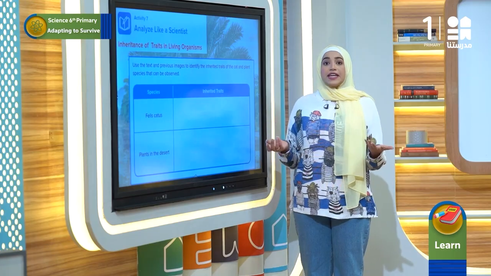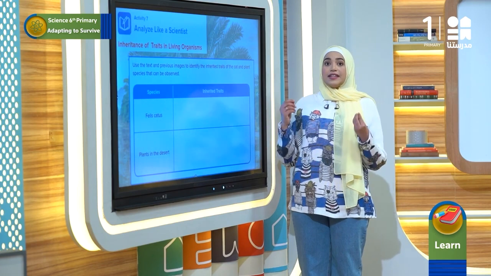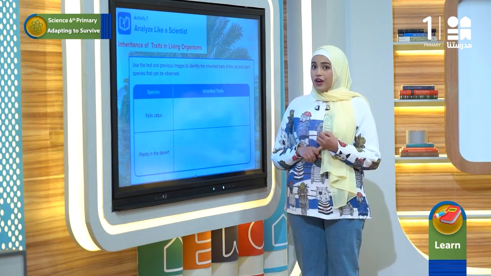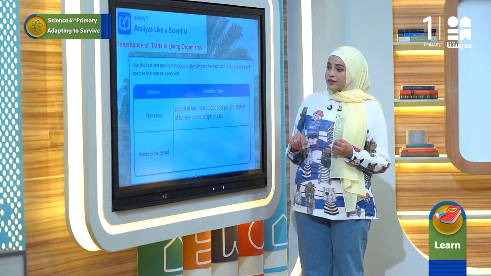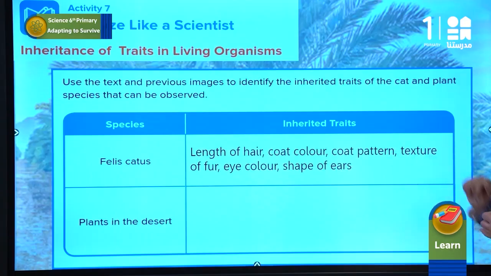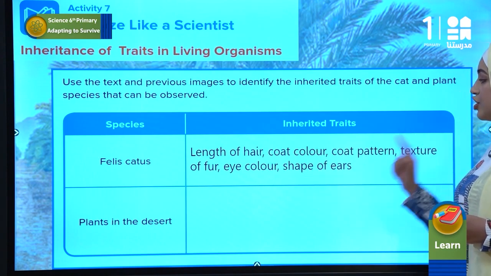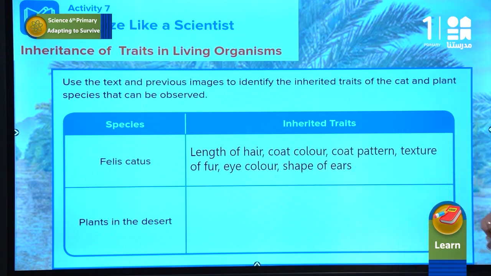I thought that the physical traits and characteristics that cats inherit from their parents are length of hair, fur color, coat pattern, texture of fur, eye color, shape of ears.